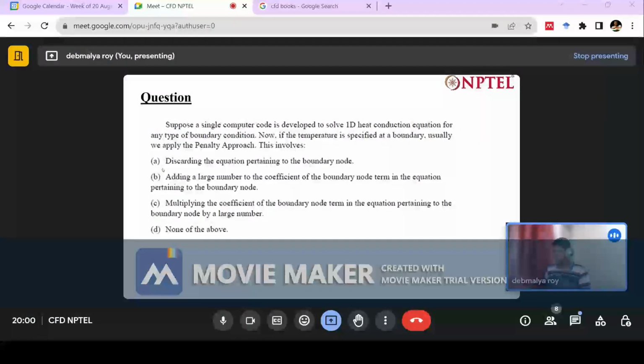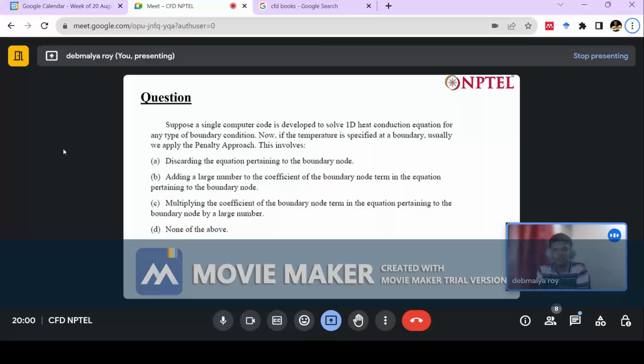Okay, let's look at the next question. Yes. So this is about the penalty approach that we just described. So which one is the correct statement?